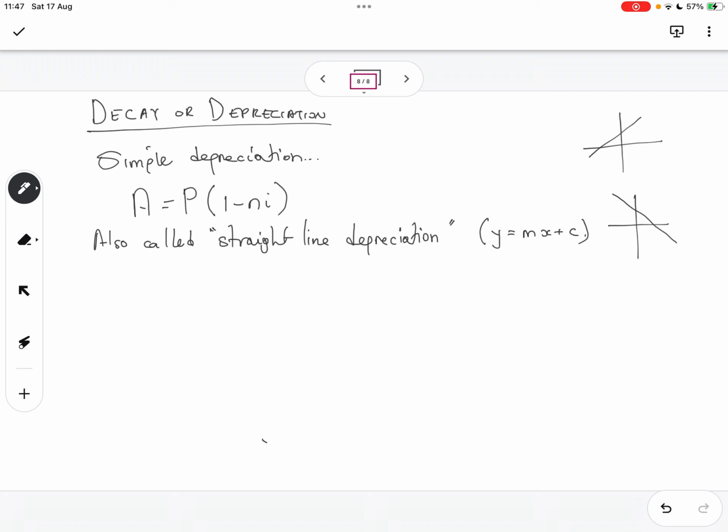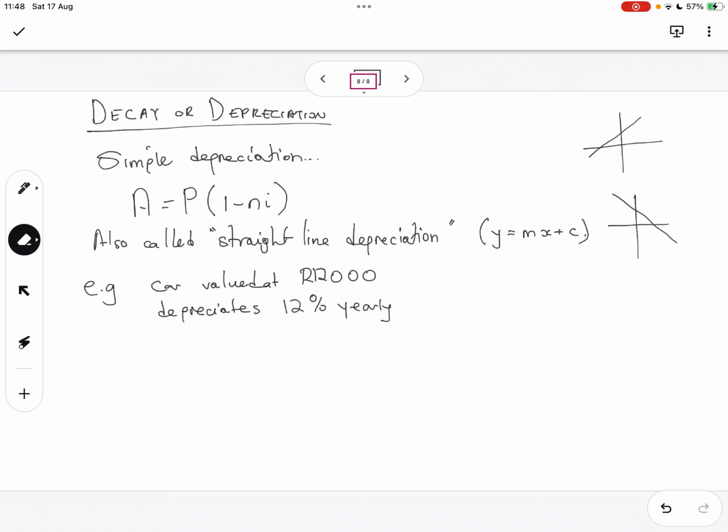Now let's get straight into an example. It doesn't have marks, it's just to introduce the concept. We have a car valued at 120,000, and it depreciates in value by 12% yearly.